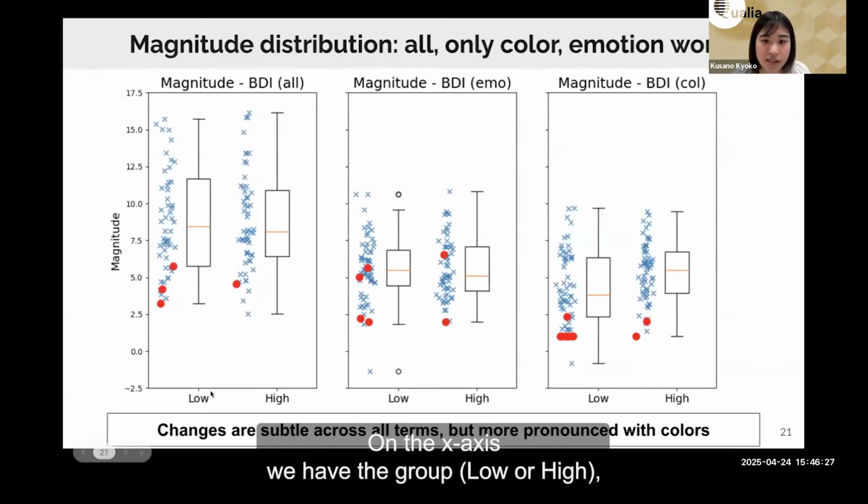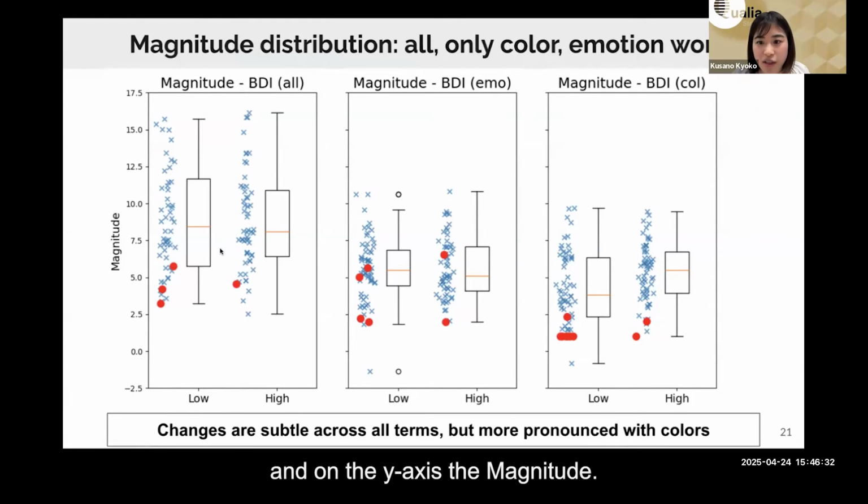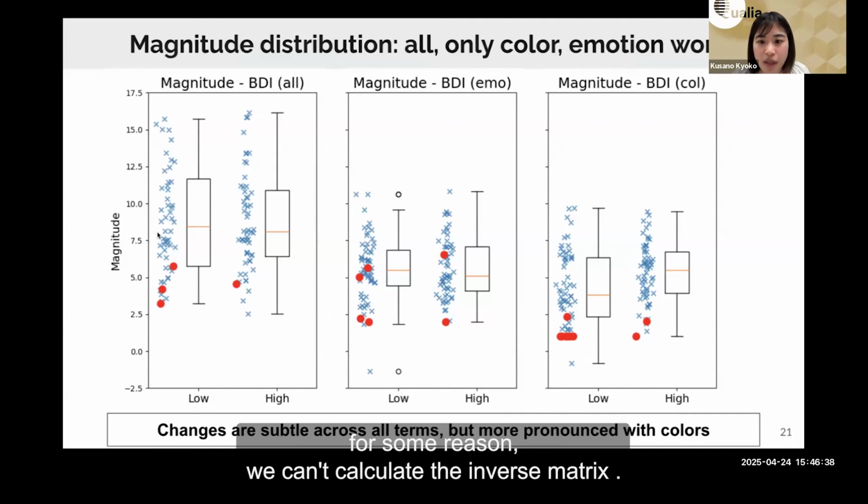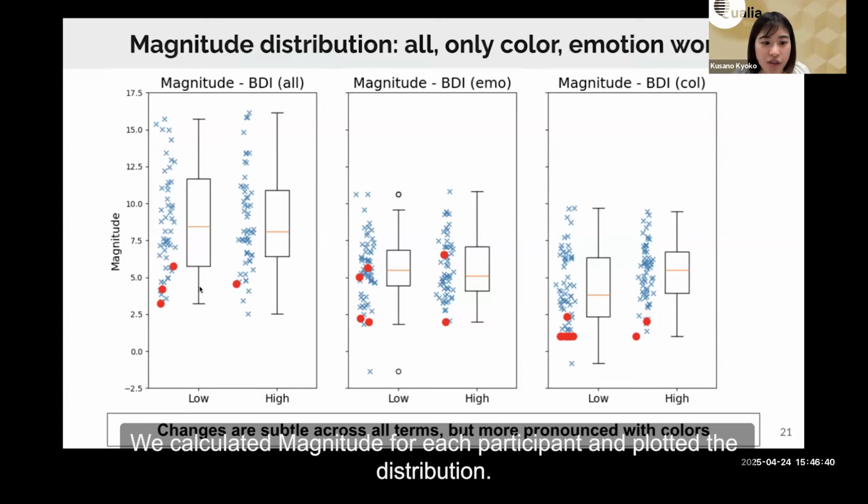On the x-axis, we have the group, low or high, and on the y-axis is the magnitude. Each dot represents one participant. The red point, I will show you later, but for some reason, we can't calculate the inverse matrix well. We calculated the magnitude for each participant and plotted the distribution here.